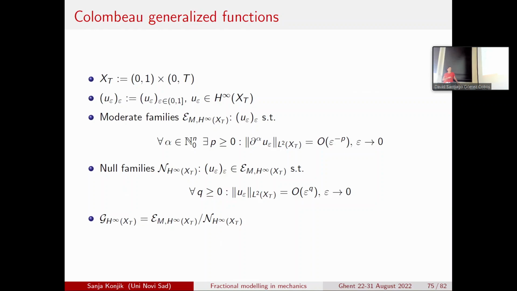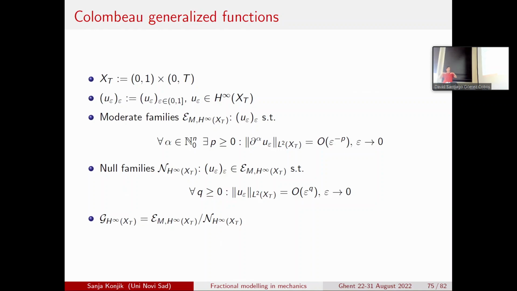So our idea was to solve the problem in this space. We considered it the most appropriate space to treat the problem which I showed you at the beginning, because in those coefficients we had distributions, and we need to multiply, to work with them.